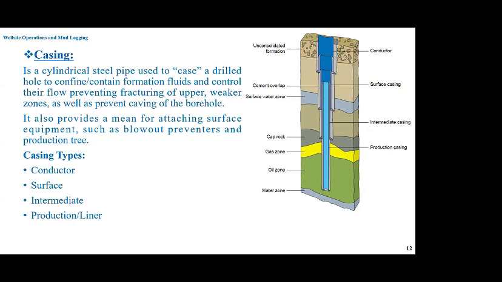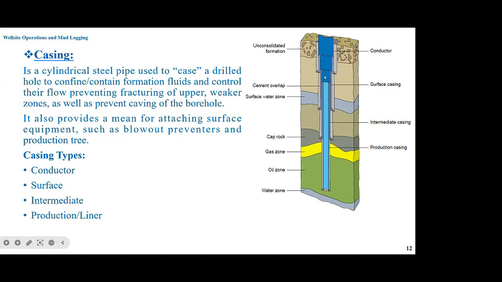just starts from the top of the reservoir up to the end of the oil zone near the oil water contact. The difference between production casing and liner is that production casing starts from the bottom up to the surface.